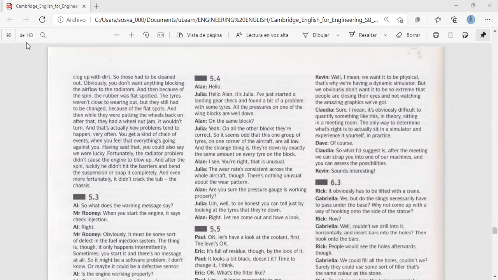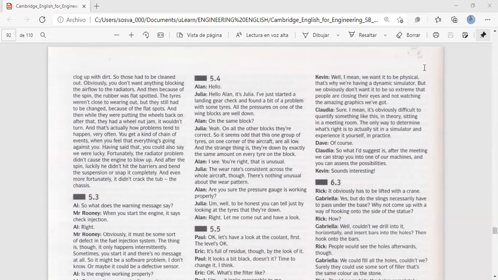And the strange thing is, they're down by exactly the same amount on every tire on the block. I see. You're right, that is unusual. The wear rate's consistent across the whole aircraft though. There's nothing unusual about the wear pattern. Are you sure the pressure gauge is working properly? Well, to be honest, you can tell just by looking at the tires that they're down. Right. Let me come out and have a look.